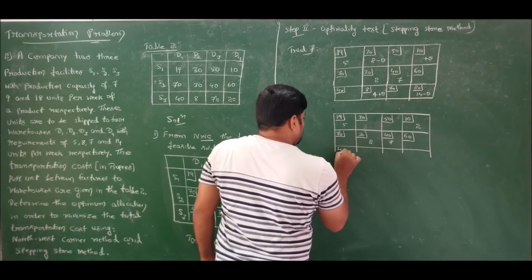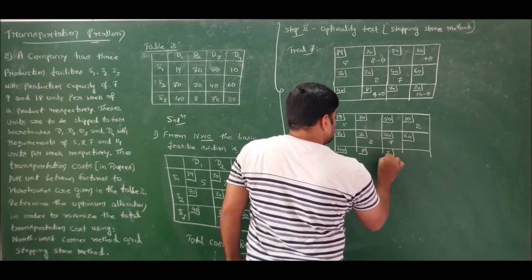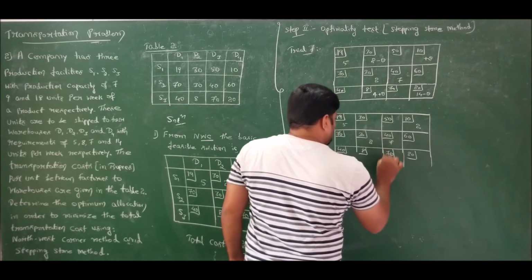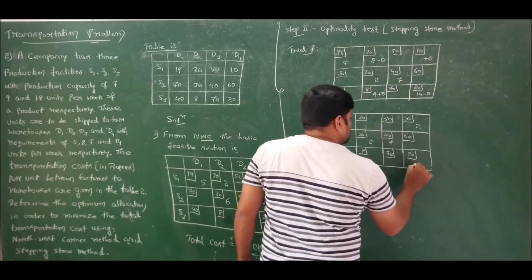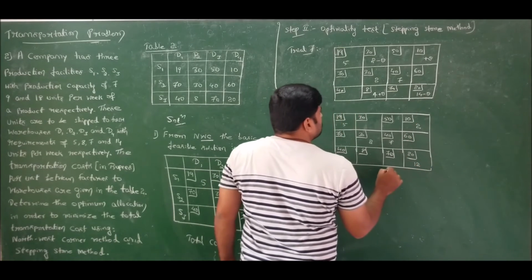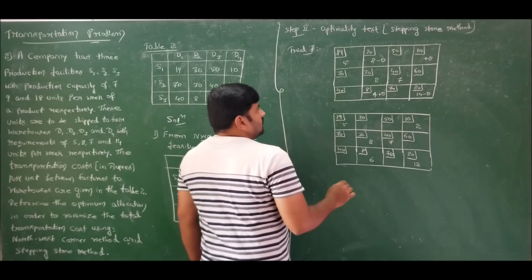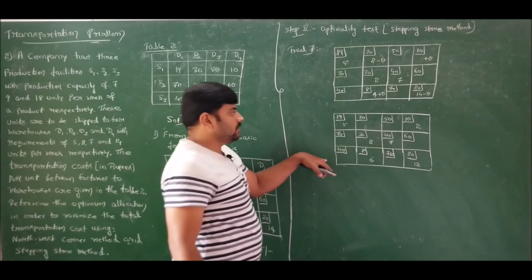Next, coming over here, we have 40, 8, 70 and 20 as the unit cost. And for allocations, 14 minus 2 is 12, 4 plus 2 is 6. Done, right? So we are telling that this is the optimal solution.